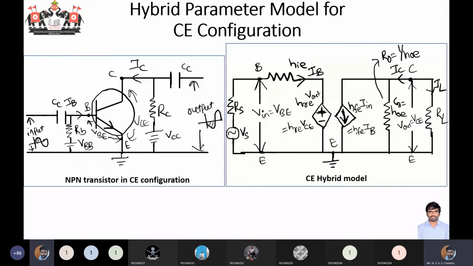If you take an NPN transistor in CE configuration, this is the analog circuit that you are seeing. You have a transistor symbol, and you are giving an AC input signal. In the last class I told you that in common emitter configuration, the input signal that you give is inverted. Do you remember that point?